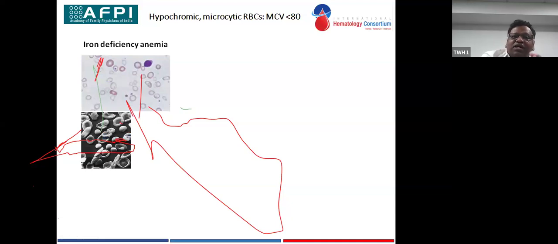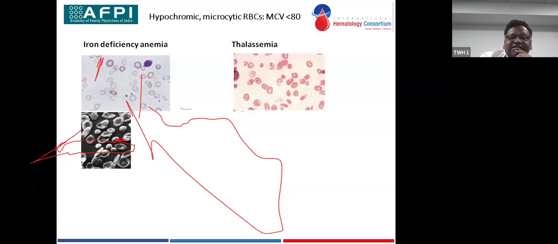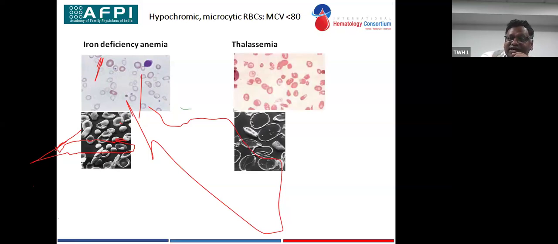Now, what our cell counter does is it will measure the size of these RBCs. It will plot that size on a graph, and I'll come to that.